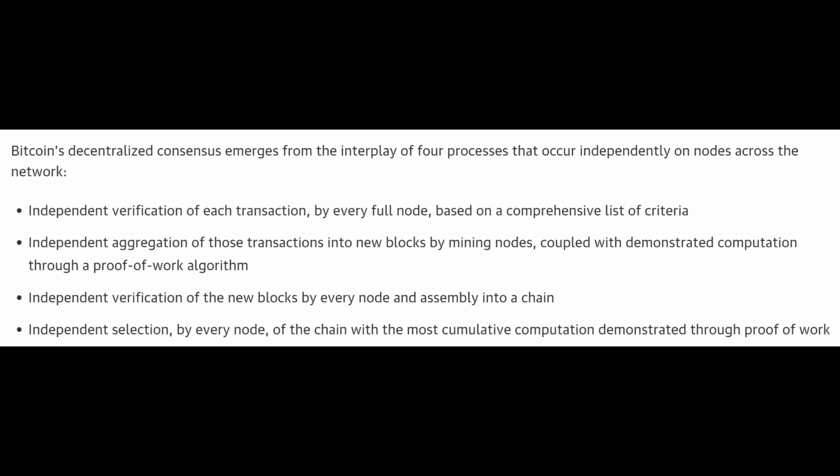So you first, again, have that independent verification of each transaction by the different nodes. So let's make sure that Nick has packaged this transaction correctly. He indeed is the owner of the funds that he is purporting to send.